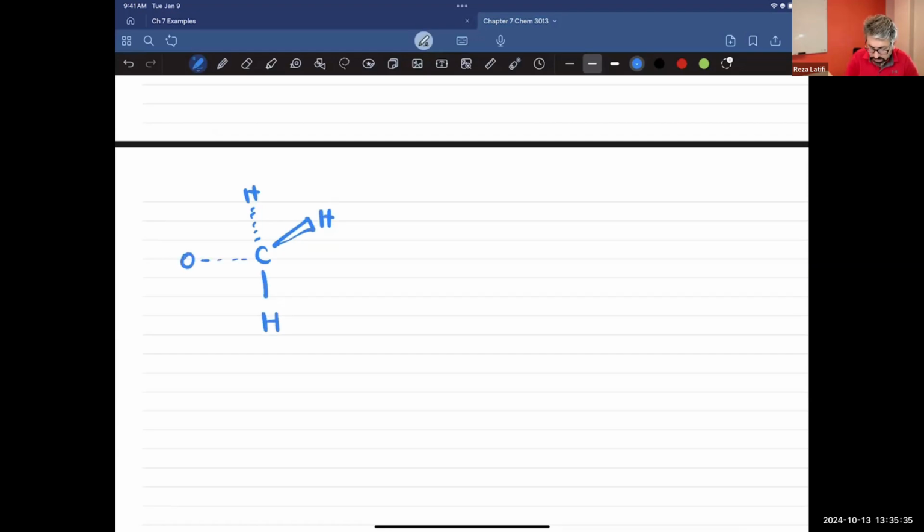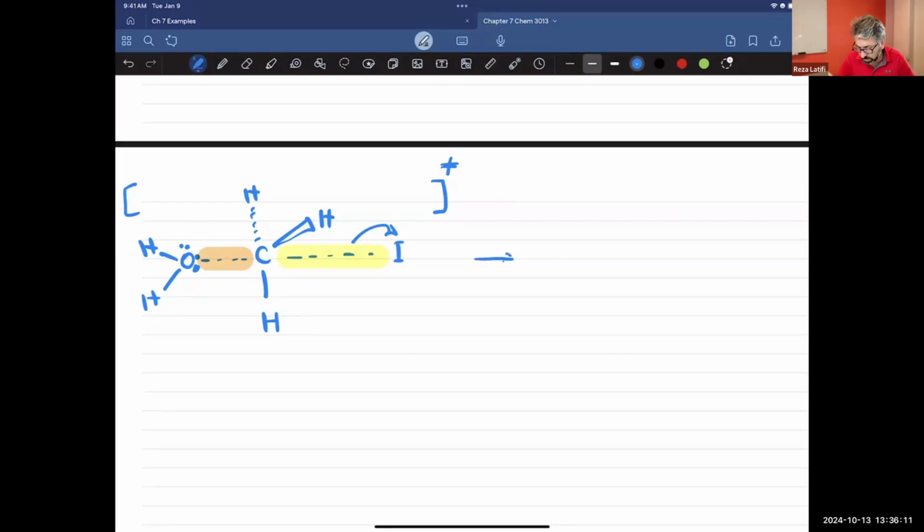Water is going to share a lone pair with carbon, and iodide is going to take 2 electrons to leave the system. So we are forming a bond and breaking a bond, and this happens at the same time. Again, the charge of the transition state is 0, because I'm adding a neutral compound.